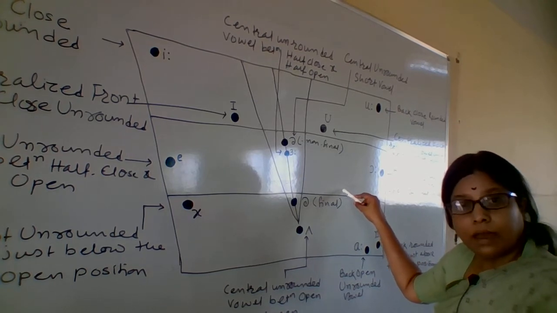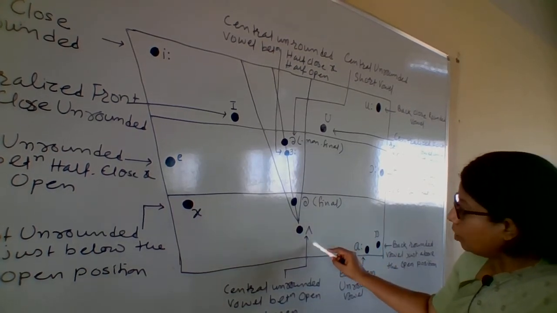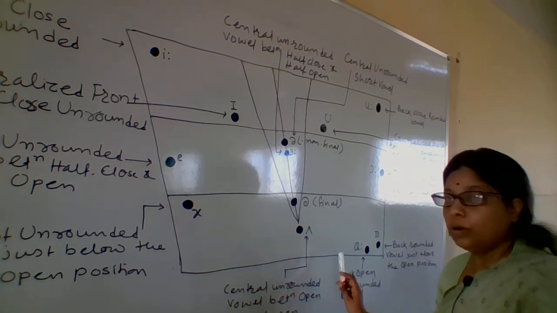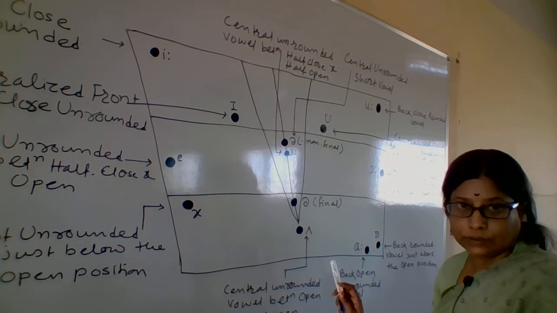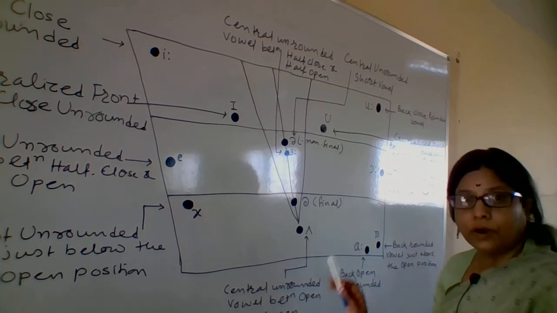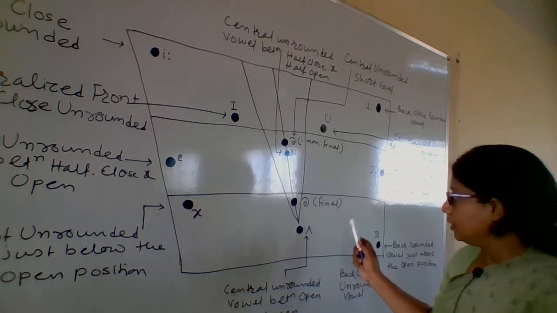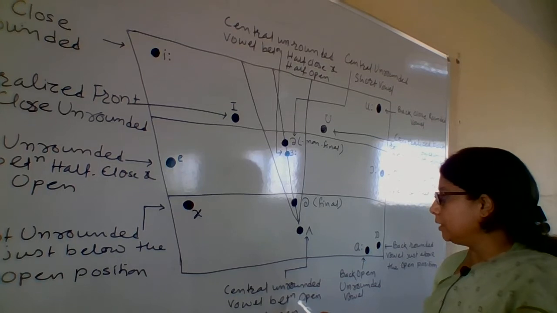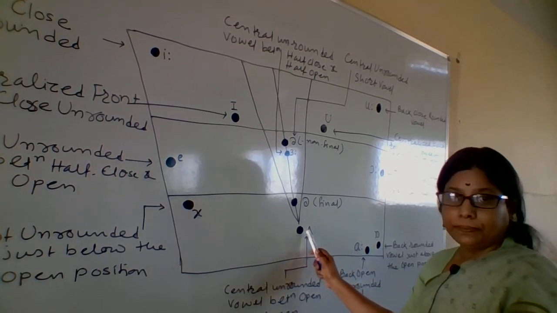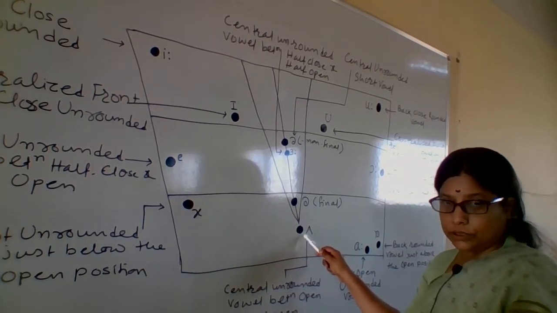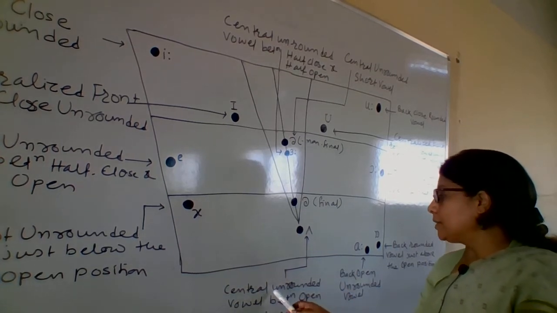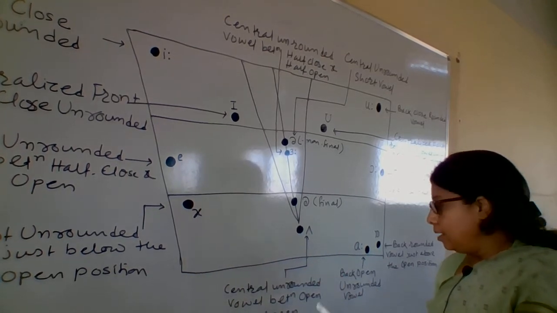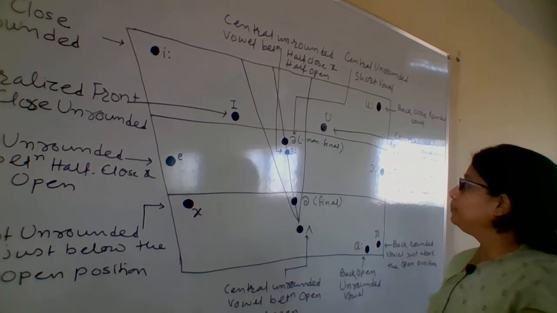Lips are unrounded, so strong A is a central unrounded vowel between open and half open positions.